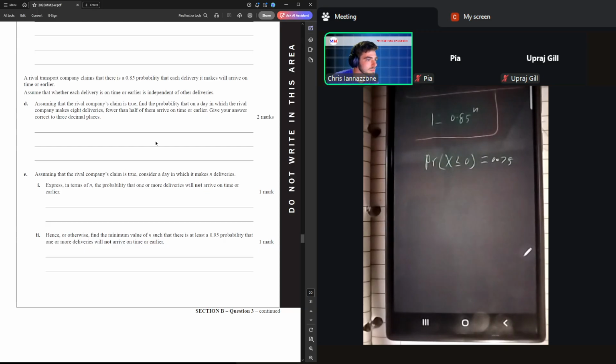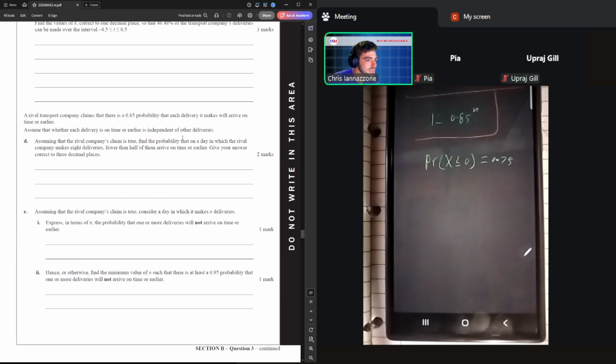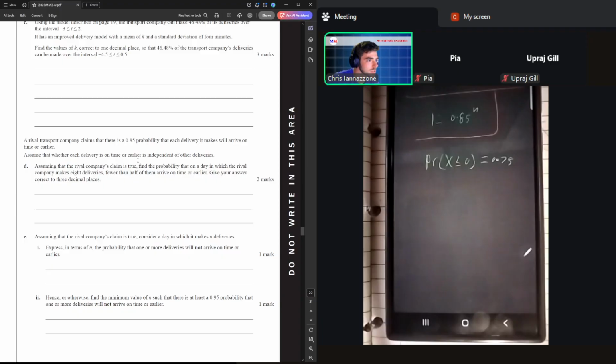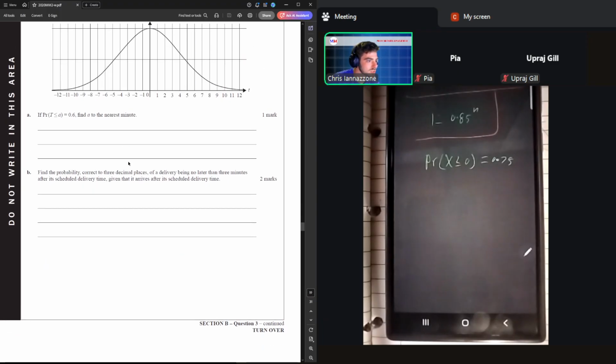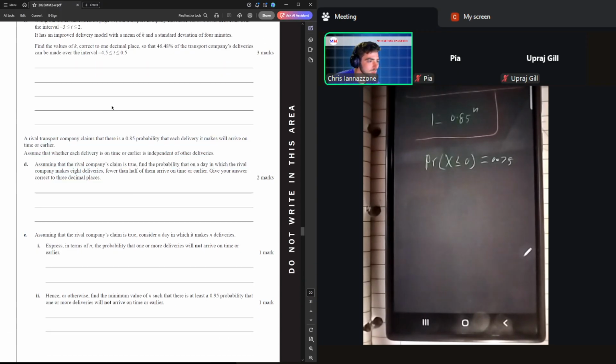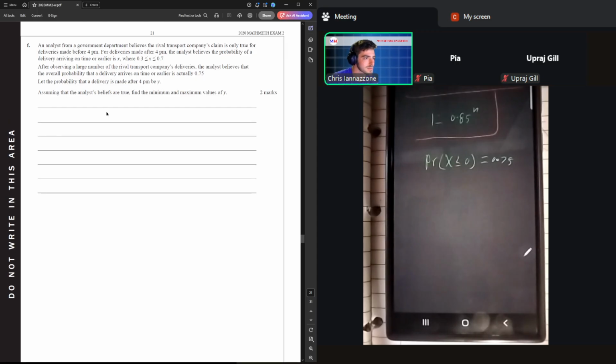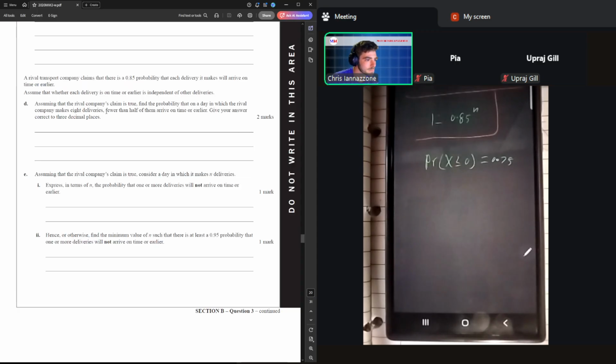Now, we've got to remember when it comes to the rival one, we're not dealing with a normal distribution anymore. We don't have a whole lot of information about the rival company. The original one was normally distributed. The rival one was binomially distributed. So we've got to remember to use binomial methods for this particular thing.